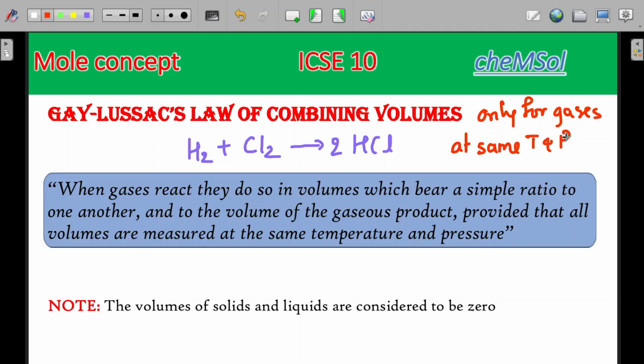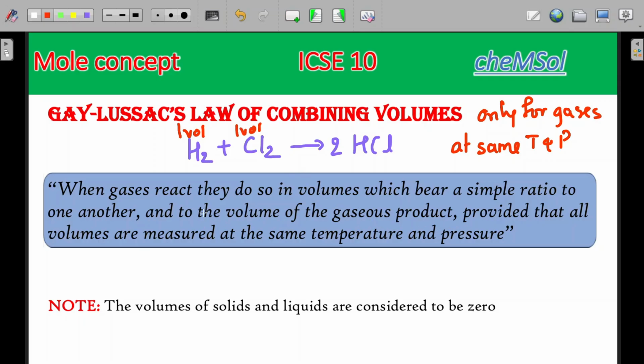T and P means same temperature and pressure. So always the ratio will be a simple ratio. Here you see how you find the ratio by the coefficients. Behind hydrogen it is 1, behind chlorine it is 1. So this is one volume, this is also one volume.